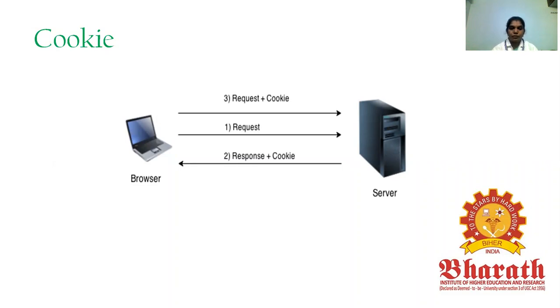See the first operation. See the server, see the browser, this is the client browser. The client requests the web server. The web server then embeds a cookie with the response, so here it is given as response plus cookies.